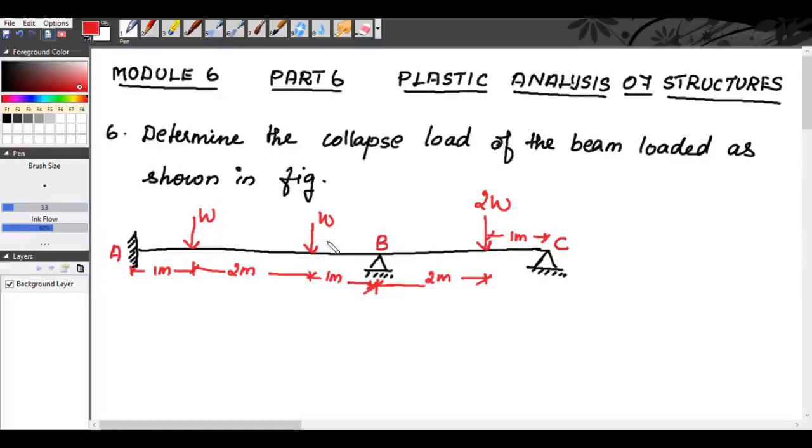You have two concentrated loads, W0 and W0, at a distance of 1 meter from A and at a distance of 1 meter from B. The span length AB is 4 meter.